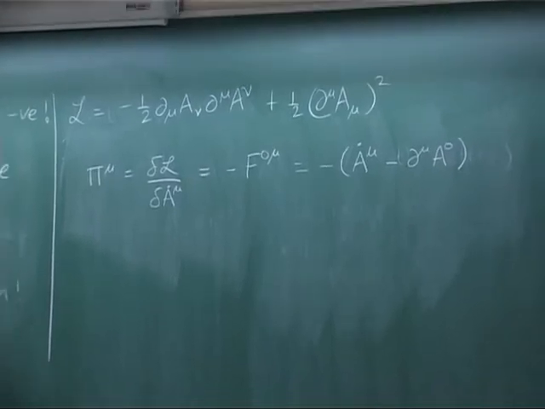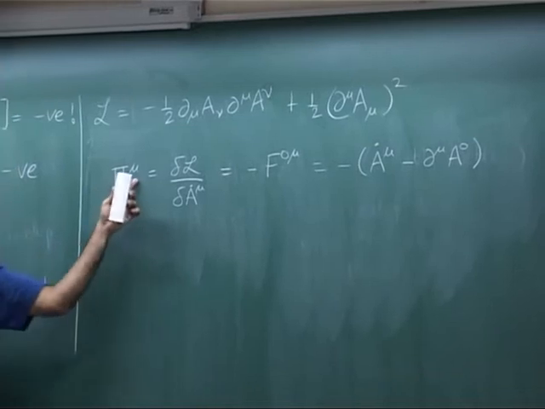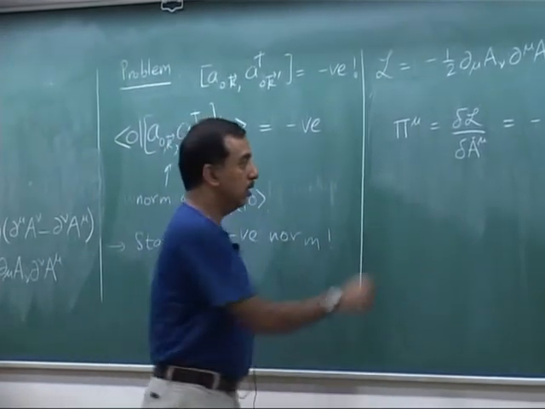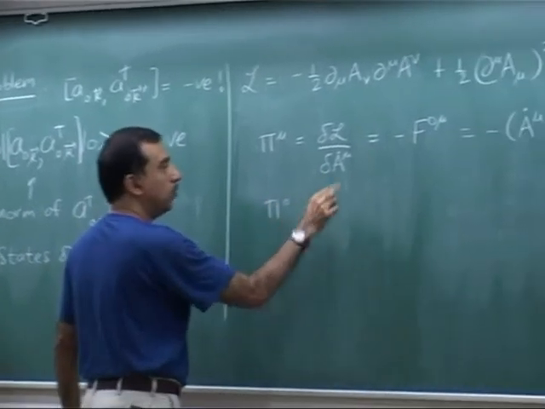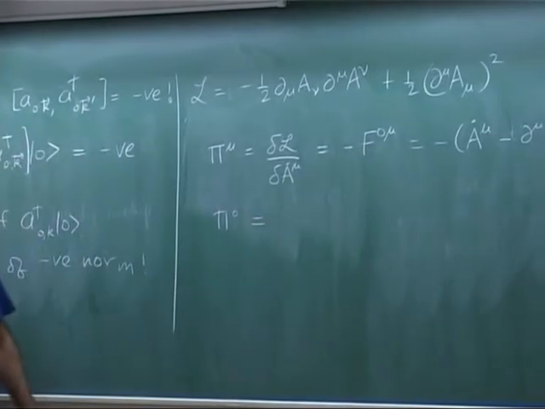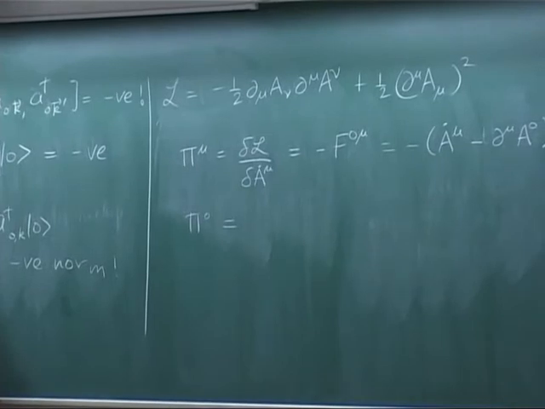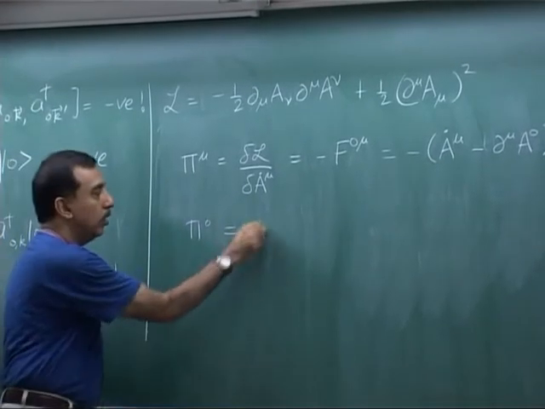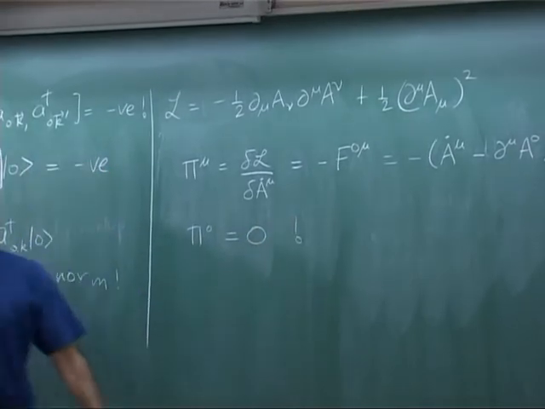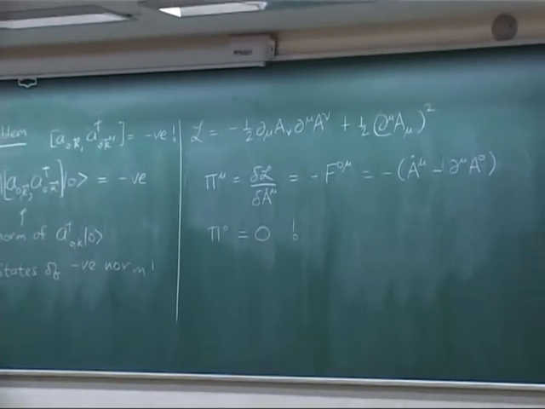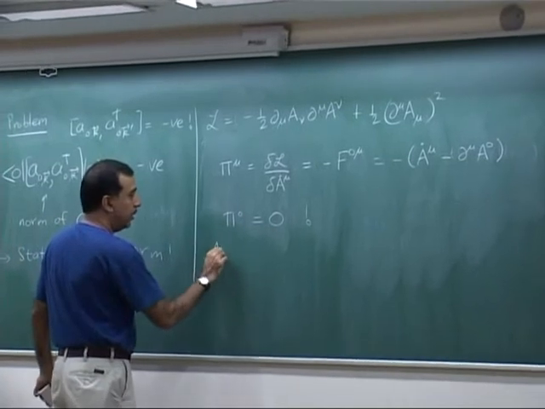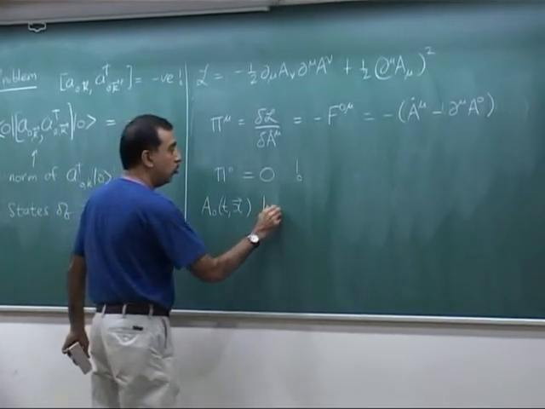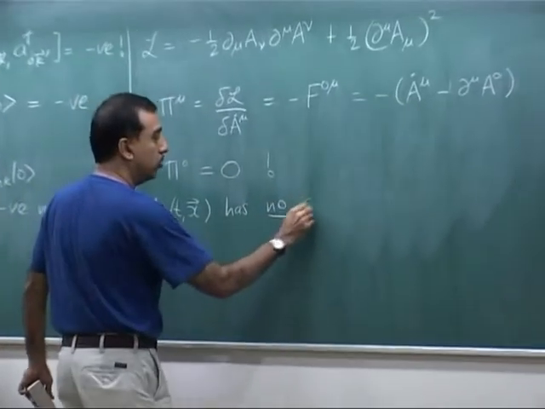Now which was the one that was problematic? It was pi 0, because that was giving negative norm states. So now let's see in the new theory what is pi 0. What do you get by putting mu equals 0? Zero. Pi 0 is 0. There is no pi 0. So we learn that A0, the component A0, has no conjugate momentum.